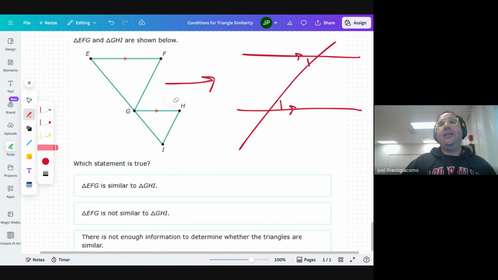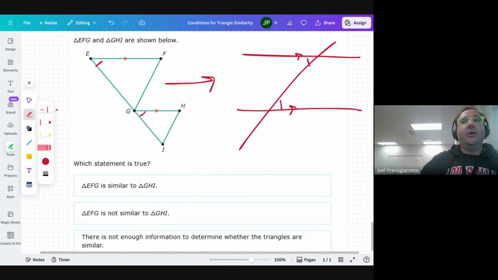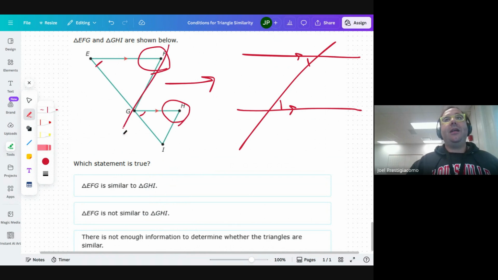We can't really do anything with that. We could probably at most say that maybe these two angles are equal. We have a transversal here. We can see that, but we don't really have enough information otherwise to go from there. We can't compare this angle and this angle because we don't know anything about these lines. We just don't have enough.